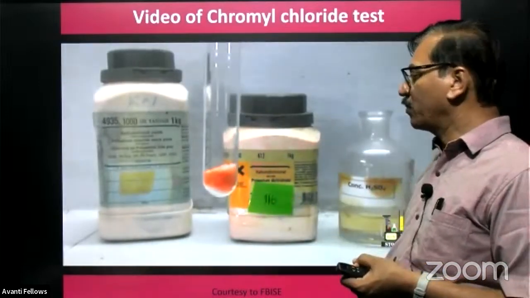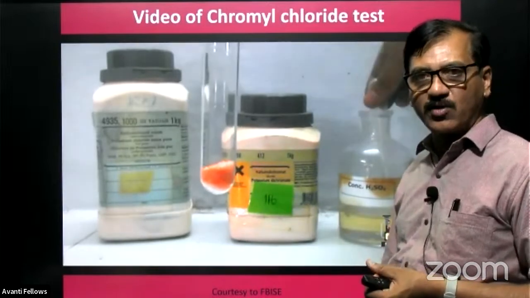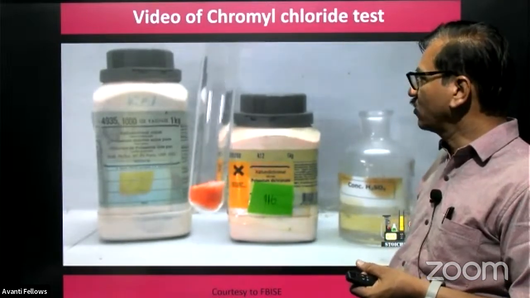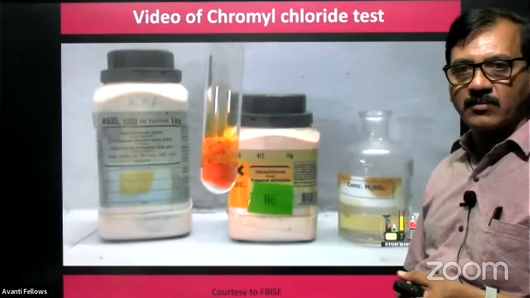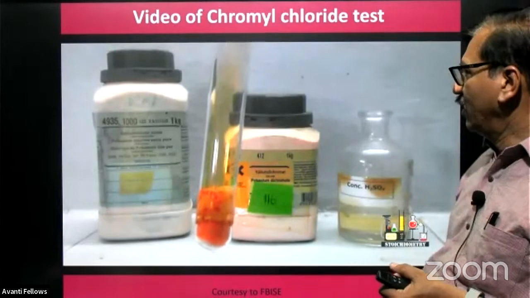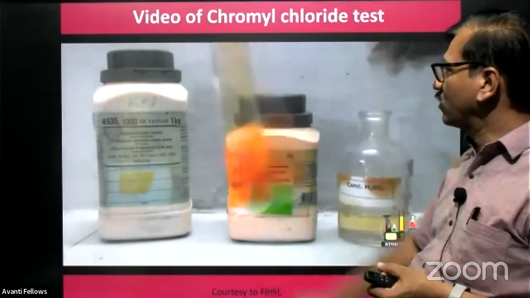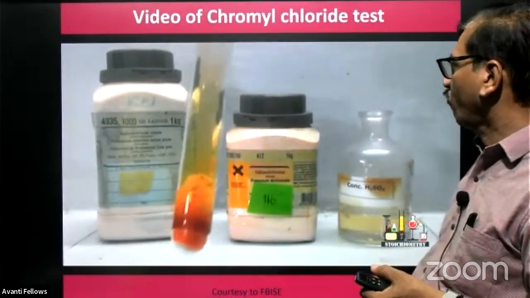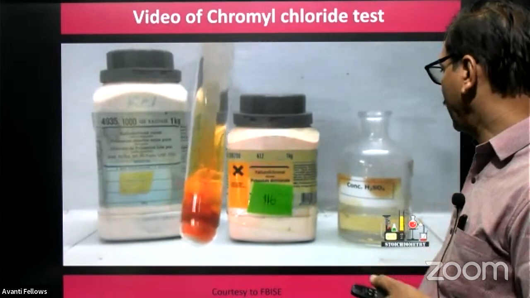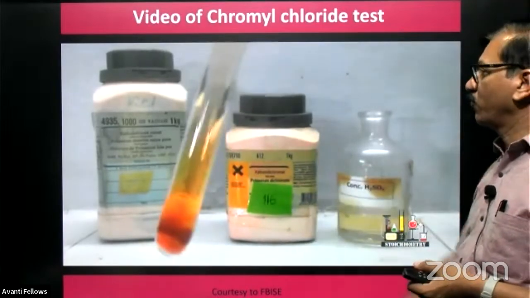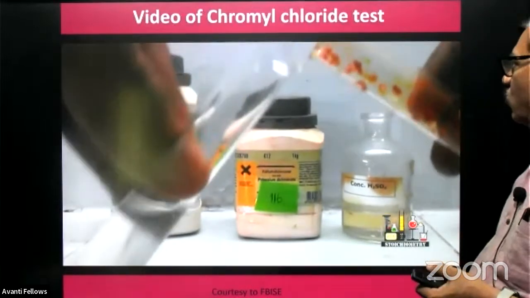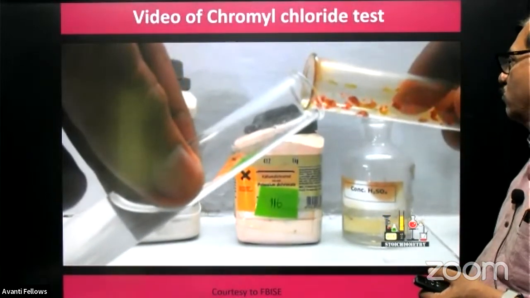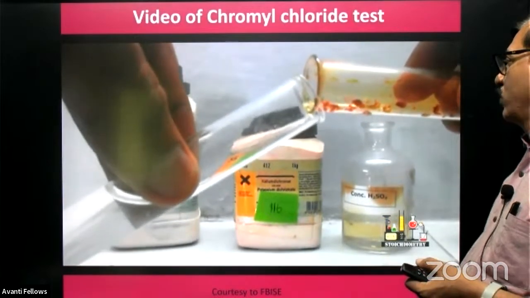Salt plus potassium dichromate, an orange colored substance, you are taking, and you are adding concentrated sulfuric acid. It gives brown fumes. When the concentrated sulfuric acid is added, you can see the brown fumes. Then the brown fumes are passed through the solution.